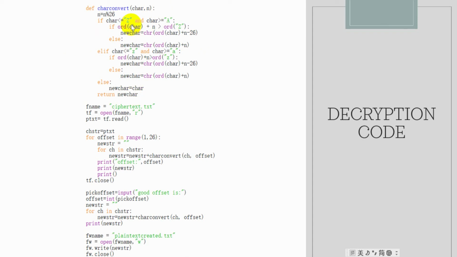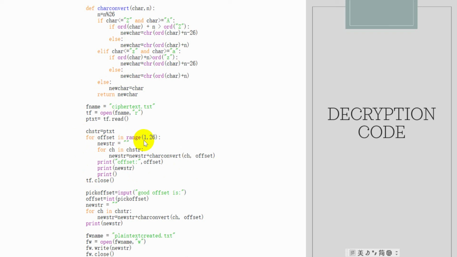If it's a capital letter, we encrypt it according to the offset, which is n, and we also mod with 26 to figure out which number it is according to 1 to 25. We do the same thing with lowercase letters, and for everything else it remains the same. And then the other part is taking the ciphertext, reading it, and then here is a loop.